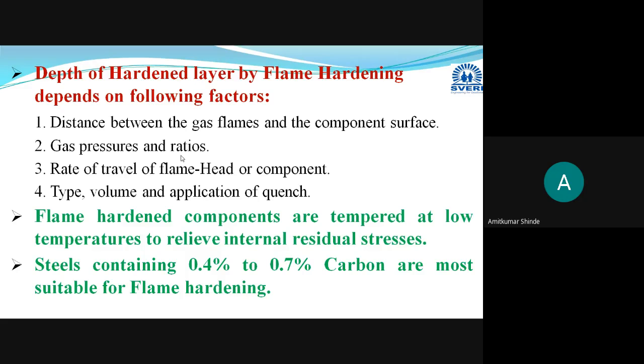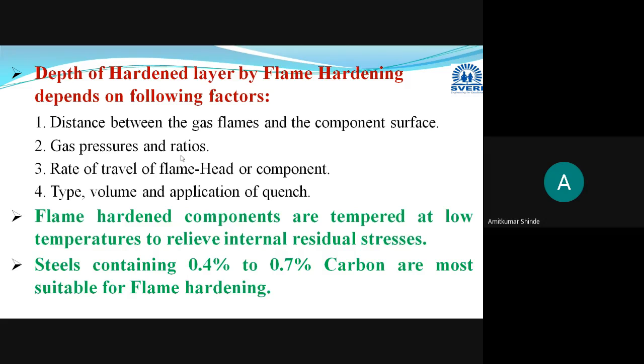If you use that same component having internal stresses in actual use, it will fail, or some cracks will get created due to the internal stresses. So to relieve these internal stresses, you have to do a low temperature tempering process.